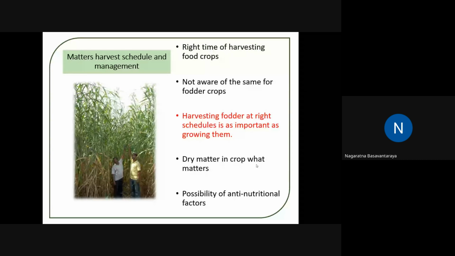The second point in the harvest schedule is that farmers should also be educated not to harvest the crop early. Instead of 40 to 45 days, they should not harvest at 20 to 25 days. The Bajra Napier hybrid grows very fast, but if it is harvested at 20 to 25 days, some fodder crops have anti-nutritional factors whose quantity will be higher at the early stage.